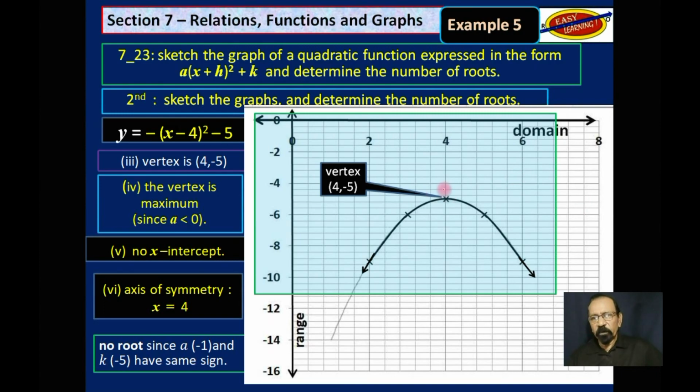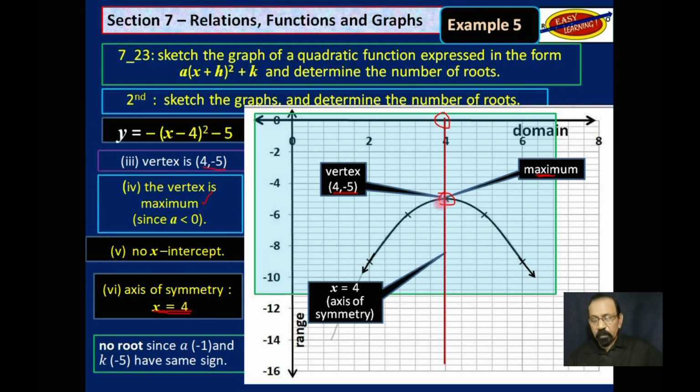Our vertex is here, (4, -5). That's maximum, the highest point it will reach. This is the axis of symmetry, which is at 4 on the x-axis coming down. It has no root, as it doesn't cut the x-axis nor even touch it.